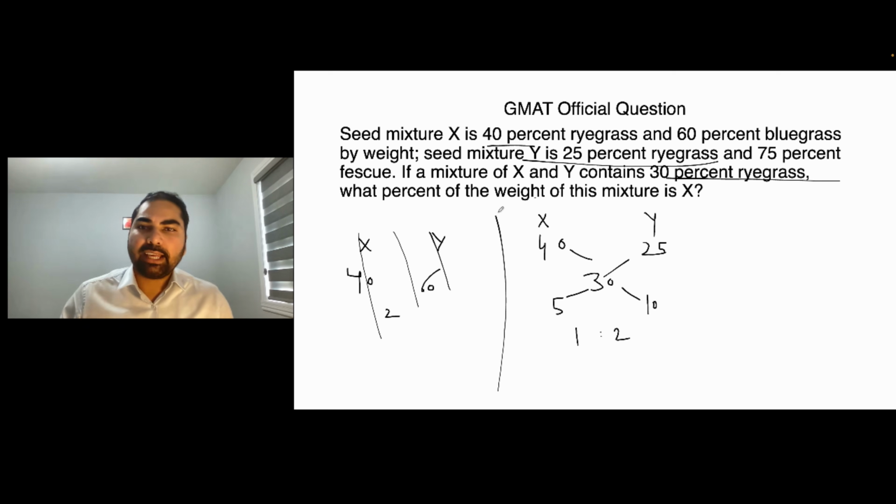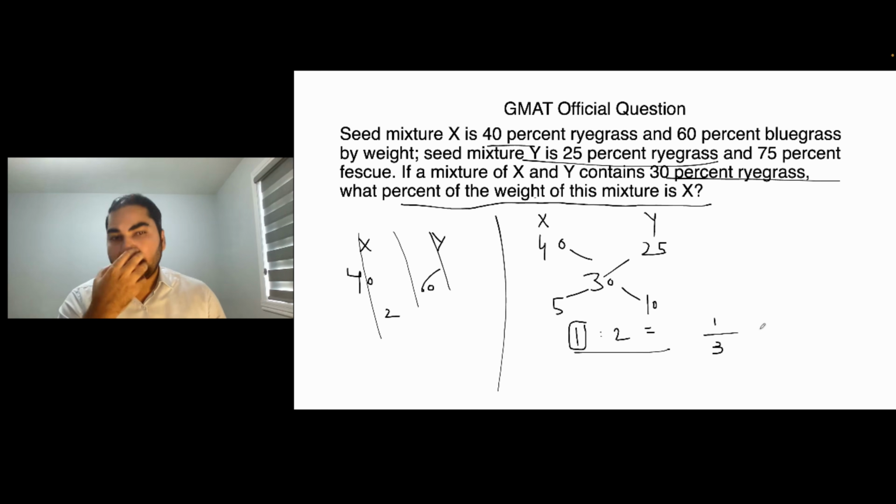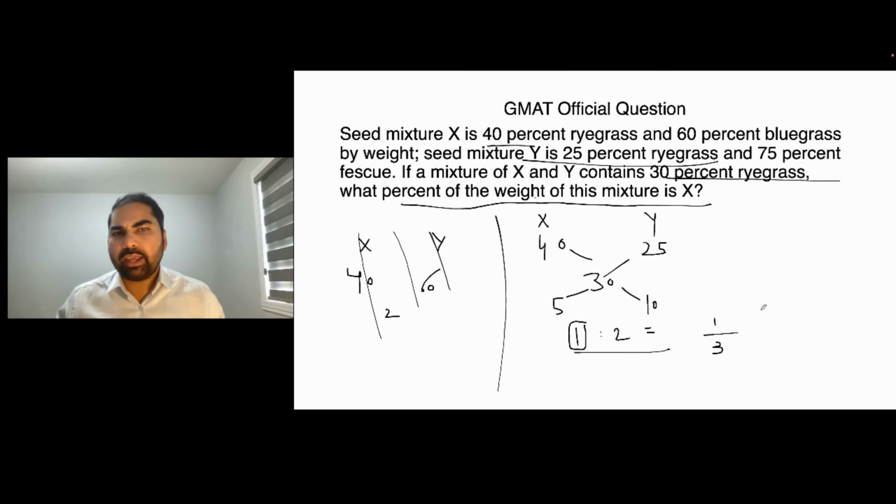And the question is telling you what percent of weight of this mixture is X. So for every 3 parts, 1 part is X. So you can safely say that it's 1/3 of the mixture which is X, right? And 2/3 of the mixture is Y. So you can see that this shouldn't have taken you more than 30 seconds, or maybe at most a minute.